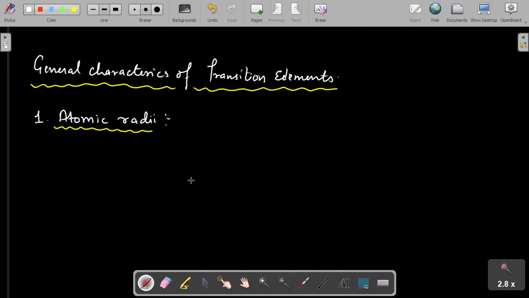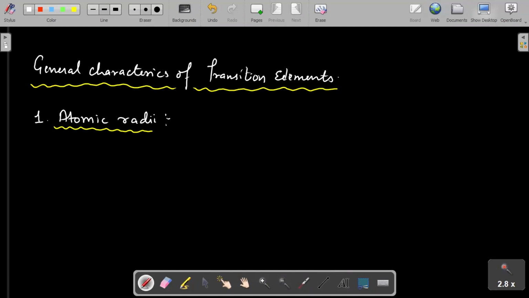In the transition series, the atomic number increases, so atomic radii first decrease till the middle of the series, become almost constant and then increase towards the end of the series. The decrease in the atomic radii is due to the increase in the effective nuclear charge.